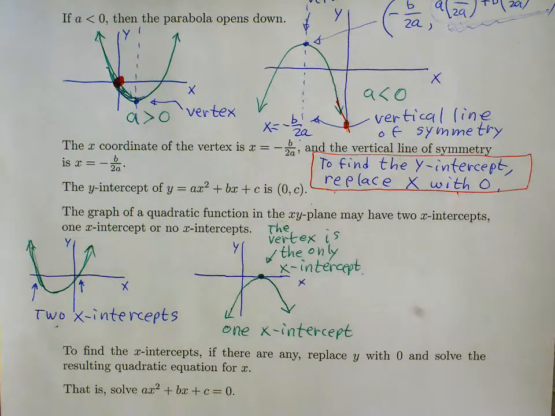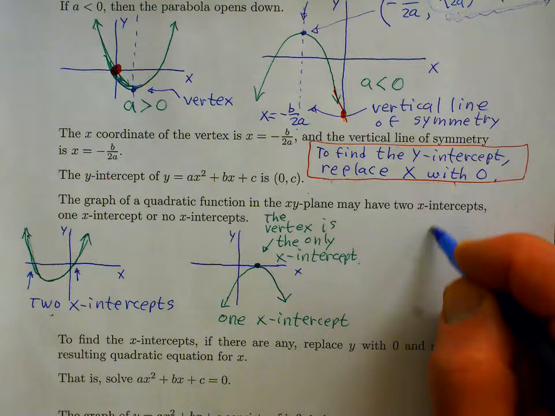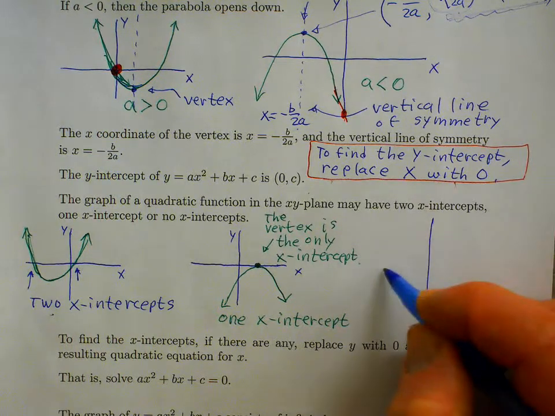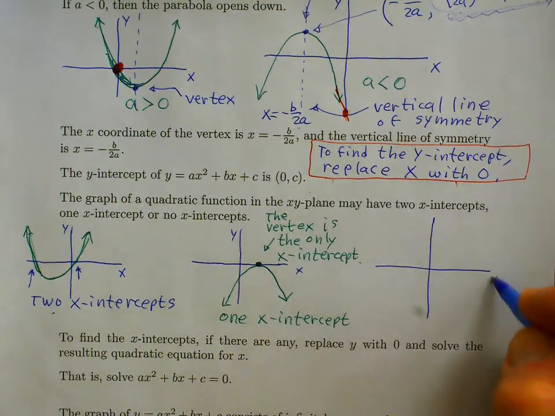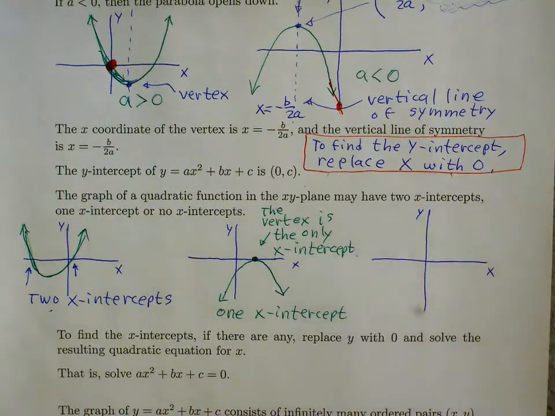Okay, if you have no x-intercepts, then what would that look like? There are infinitely many examples of parabolas that have no x-intercepts, but we'll just draw one.